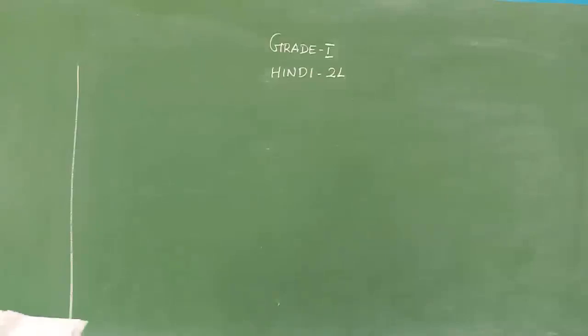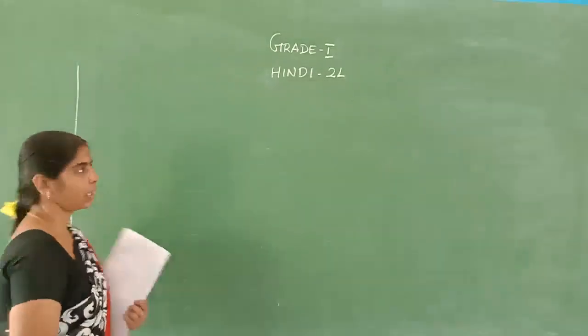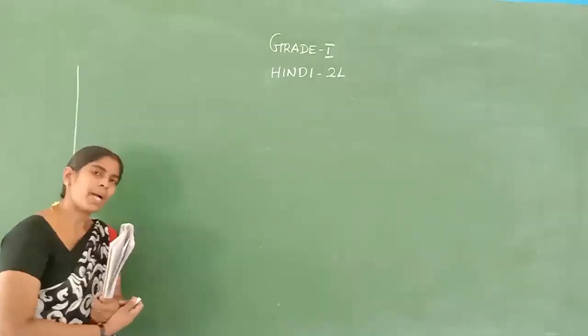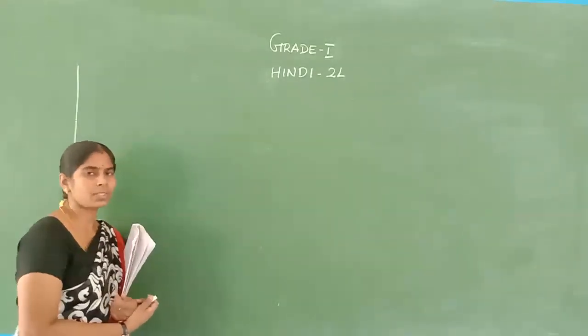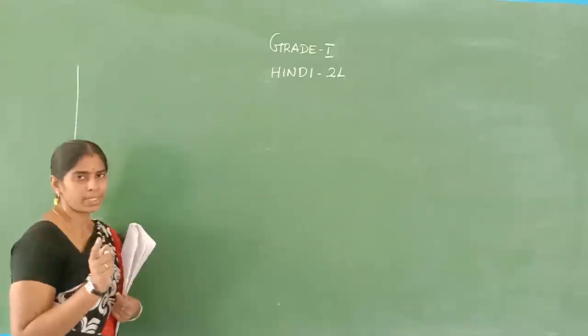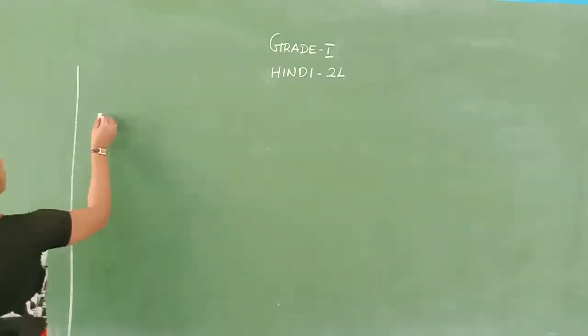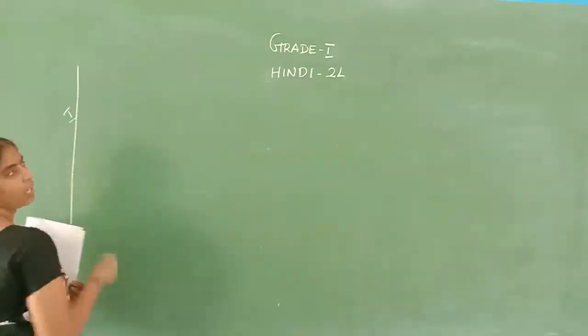Okay, right, children? Shall we see the class work now? Take your notebook. Please cooperate with your parents, children. Write your class work properly. Sharpen your pencil and write. Shall we start? The first Roman letter is consonants.